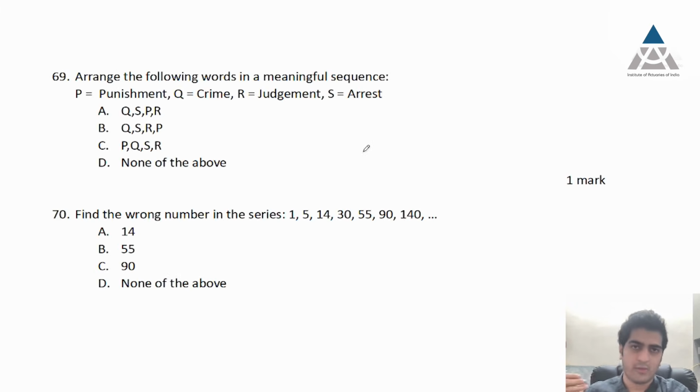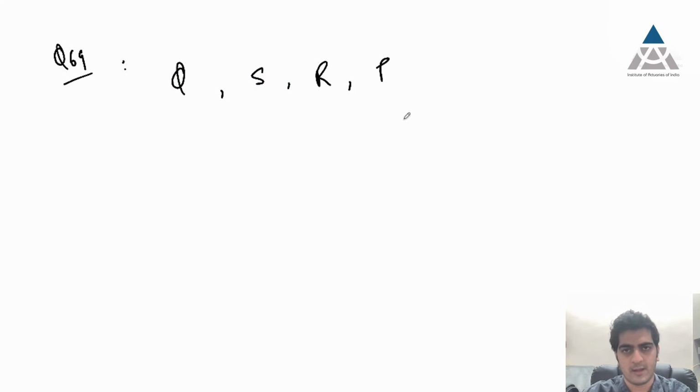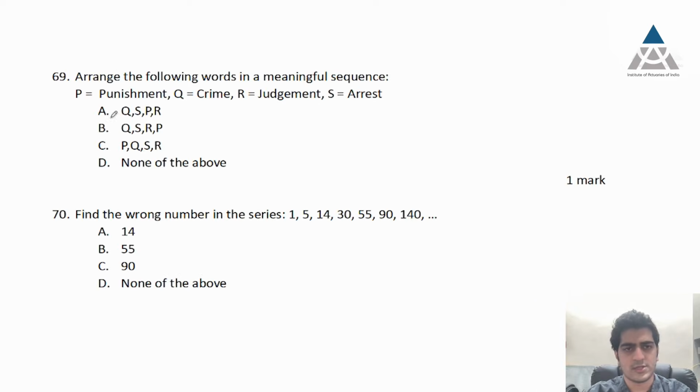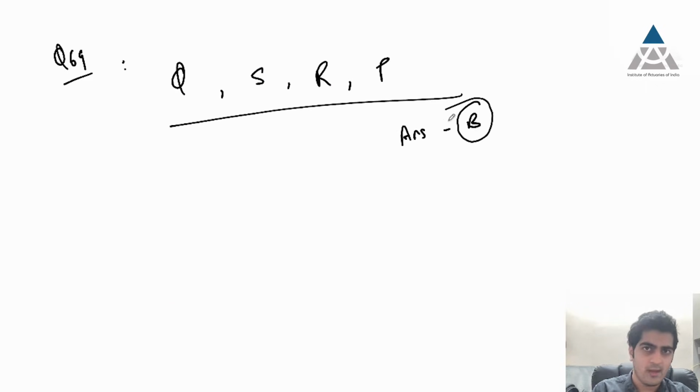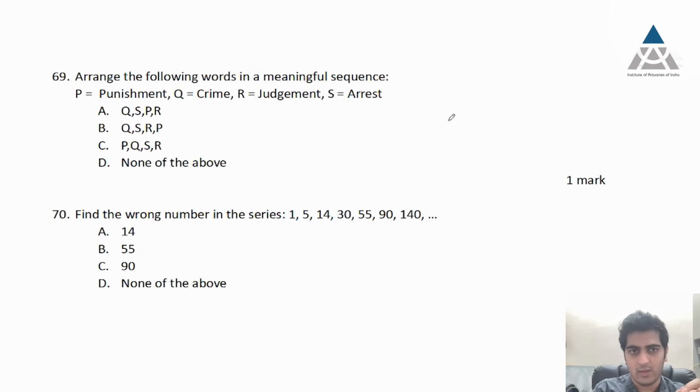And then I have to actually go to jail for 5 years, which will be my punishment. So this is the logical sequence: crime, arrest, judgment, and punishment. QSRP, that is option B. So option B is the correct answer.